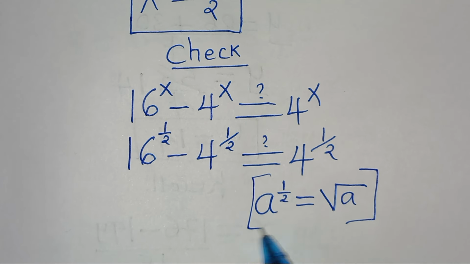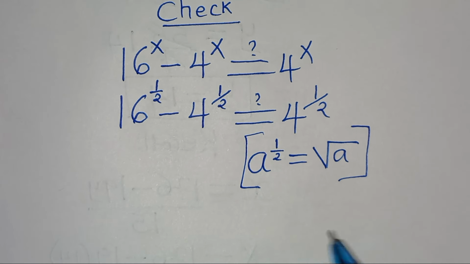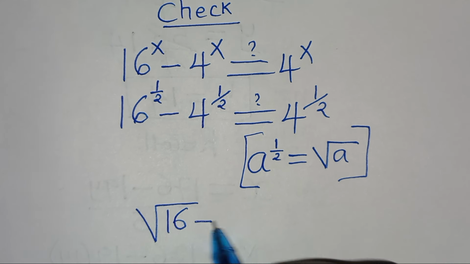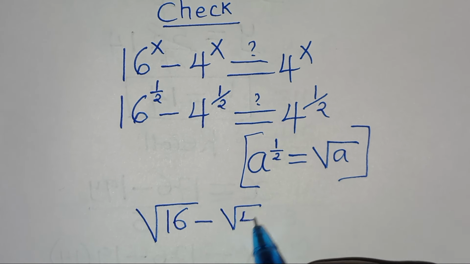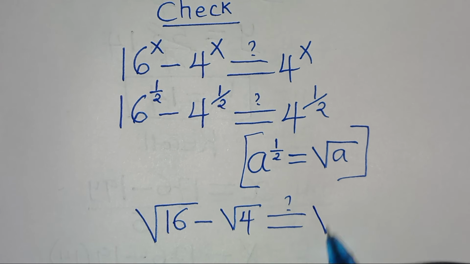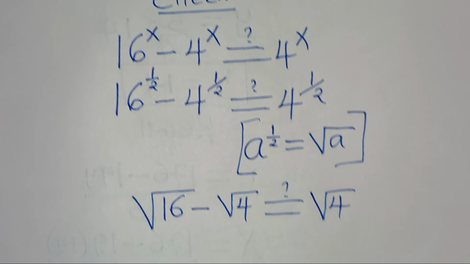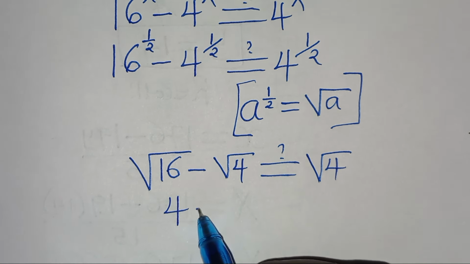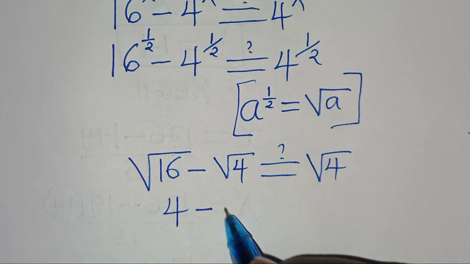Applying this property, we have the square root of 16 minus square root of 4. This should give us a value of square root of 4. So square root of 16 is 4, minus square root of 4, which is 2.